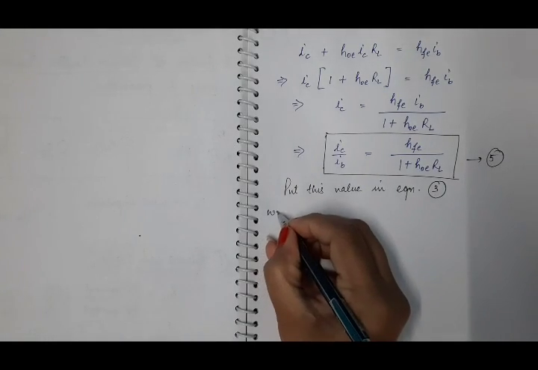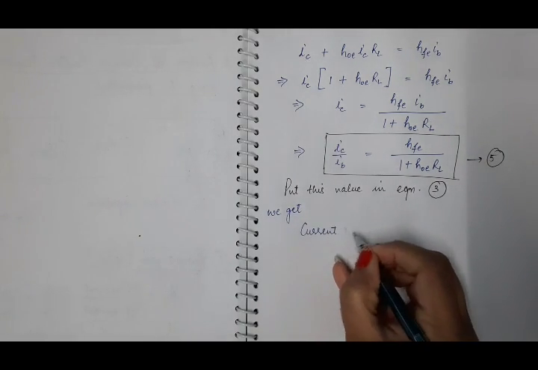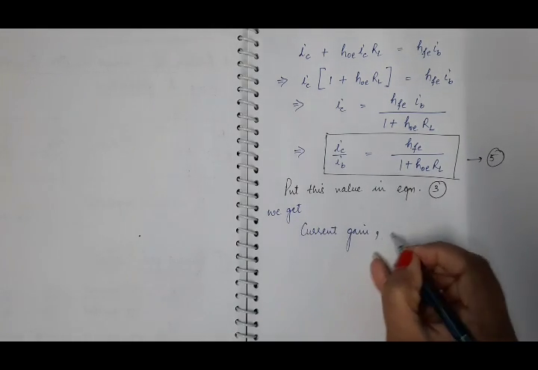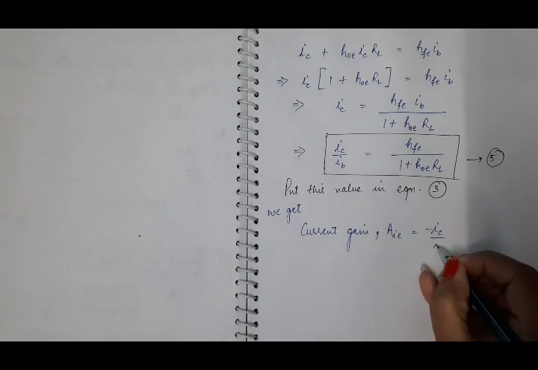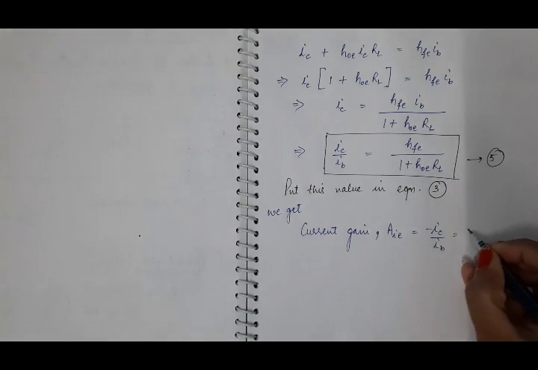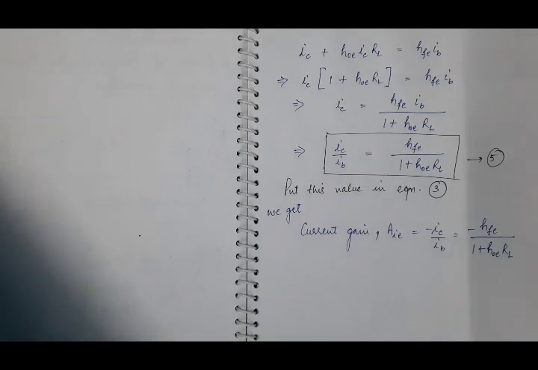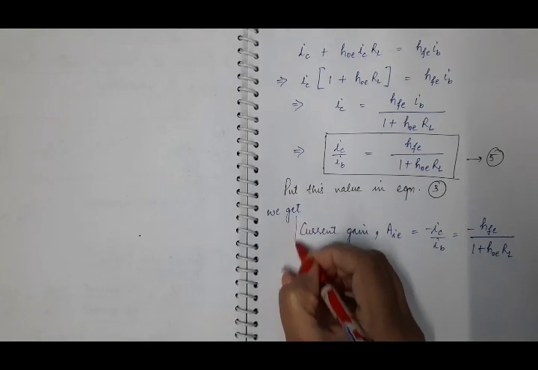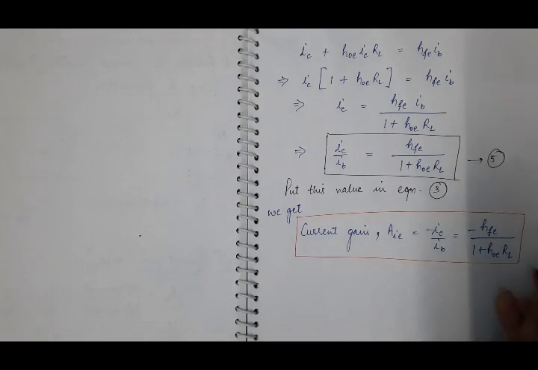So we get the expression for current gain AIE, equal to minus IC by IB, which is minus HFE upon 1 plus HOE into RL. So this is the expression of current gain, and suppose this is equation number 6.